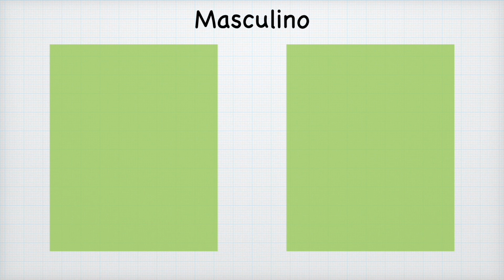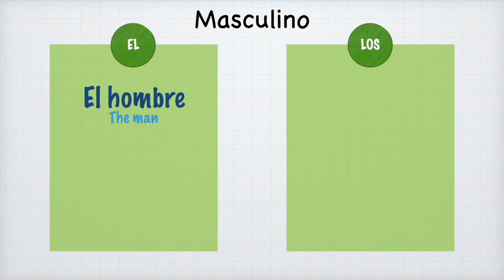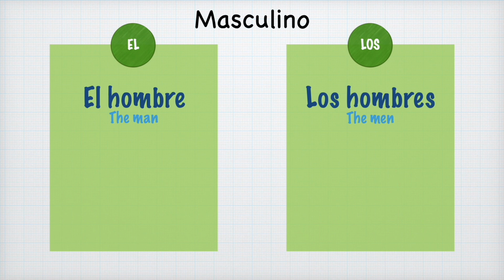Let's take a look at some examples of the masculine definite articles. Masculine means masculino. For singular, we have el. For plural, we have los. El hombre, the man. Los hombres, the men.